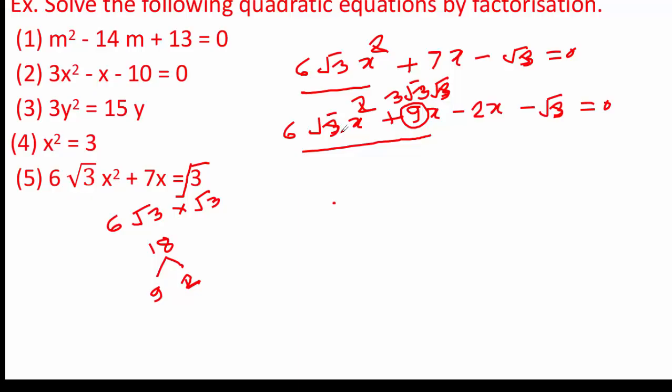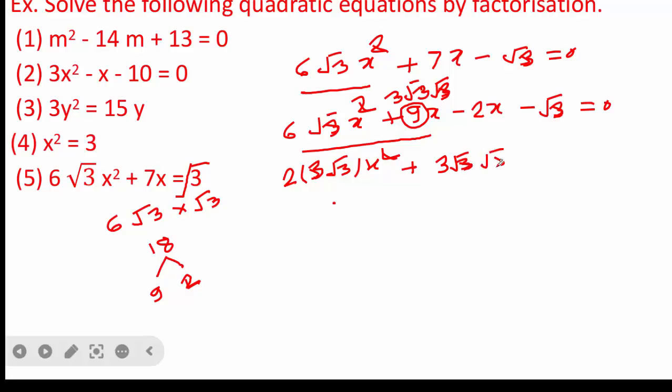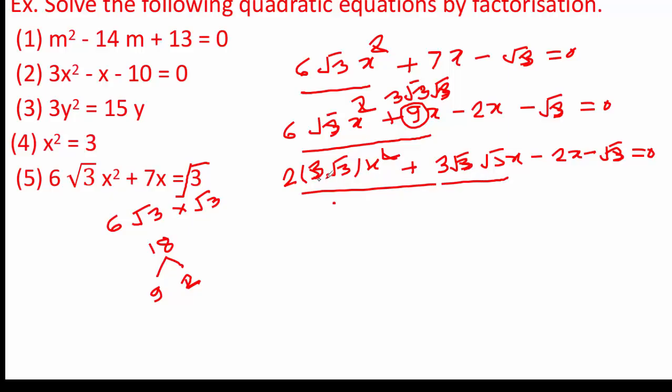Therefore I shall write this as 3 root 3 x square plus 3 root 3 into root 3 x, minus 2x minus root 3 equal to 0. From these two terms, I can take 3 root 3 x common. What remains?